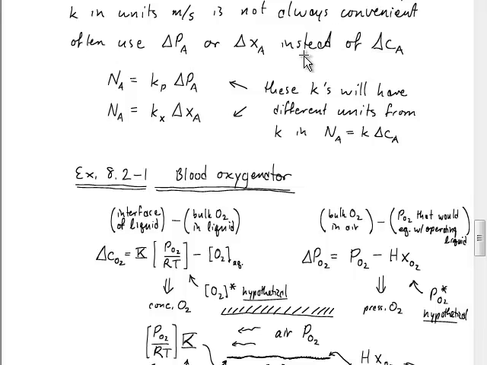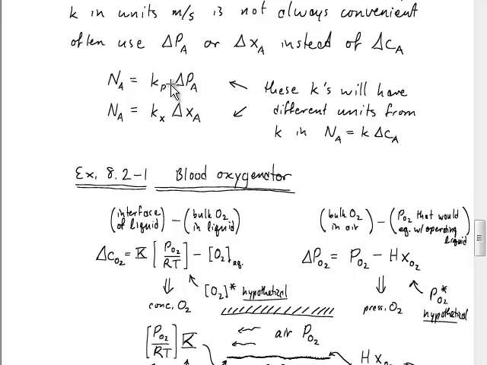And it's important to notice that these mass transfer coefficients, that is, the mass transfer coefficient you would multiply by a pressure driving force and the mass transfer coefficient that you would multiply by a mole fraction driving force, are going to have different units, different numerical values, and it's perhaps not as trivial as it might look at first sight to do the conversions on those things, because when you talk about a concentration, particularly in cases where you have a two-phase situation where one is a liquid phase and one is a vapor phase, for example, there are partition coefficients involved.